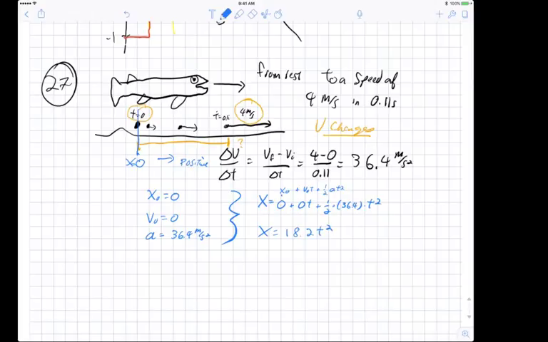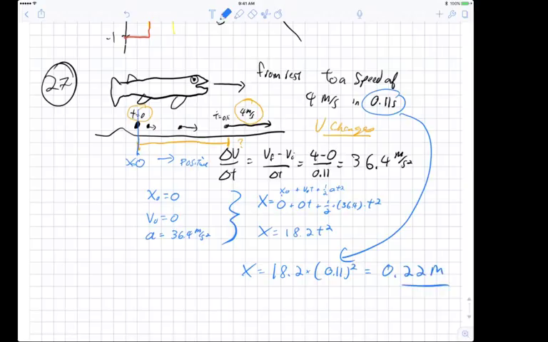I know the time when I'm done accelerating, so I'm going to plug that into this. 18.2 times 0.11 squared, and that tells me 0.22 meters.